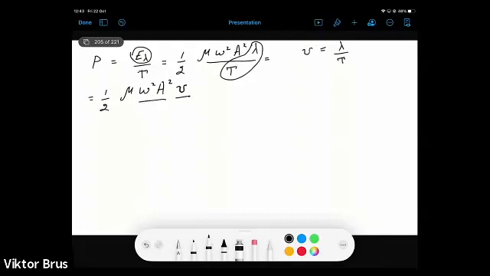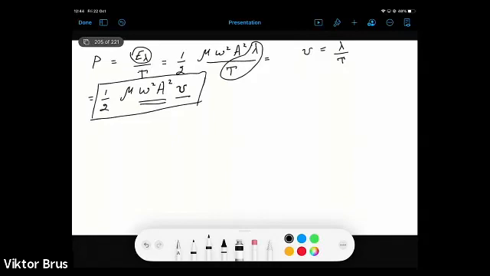So we end up with this equation, which I would recommend to remember: 1/2 times linear density mu of the string, times the two most influential parameters, omega square and A square, angular frequency square and amplitude square, times v, the speed of wave propagation along axis x.